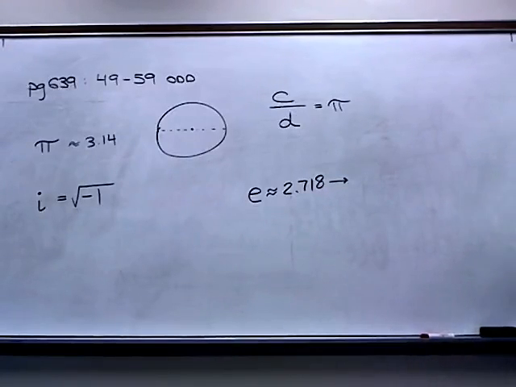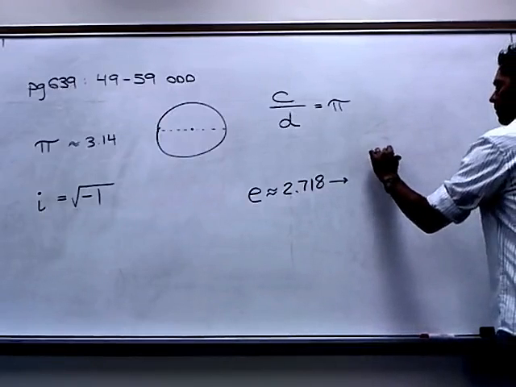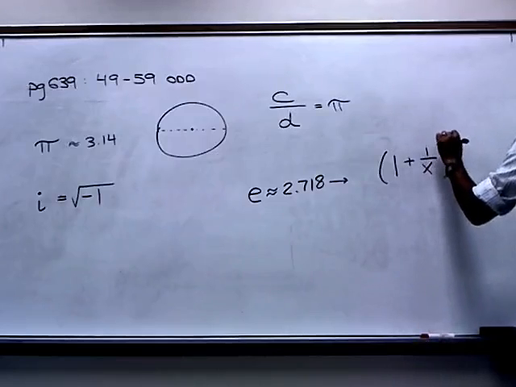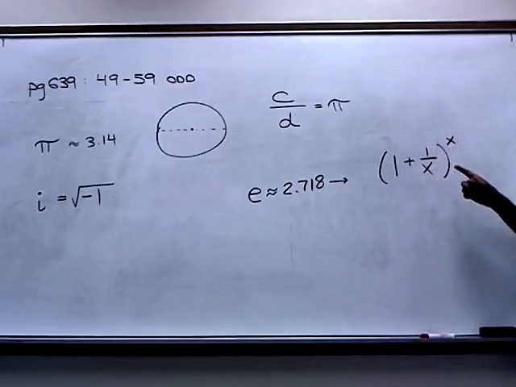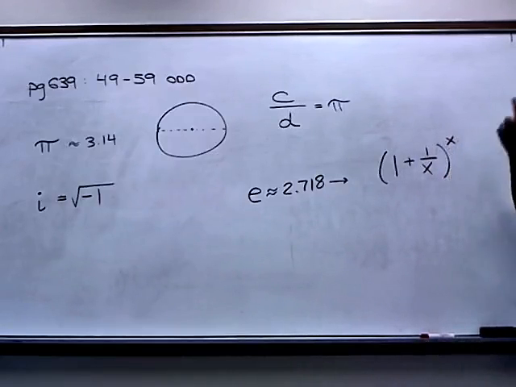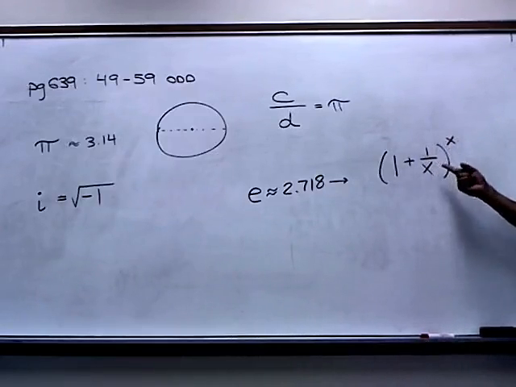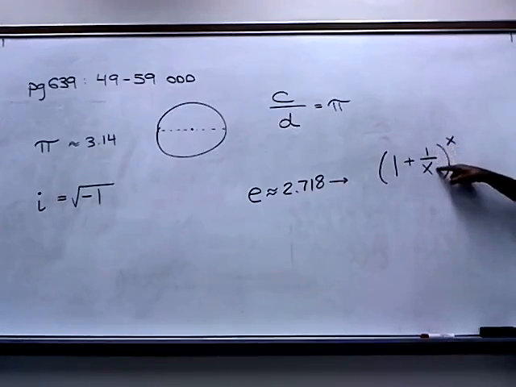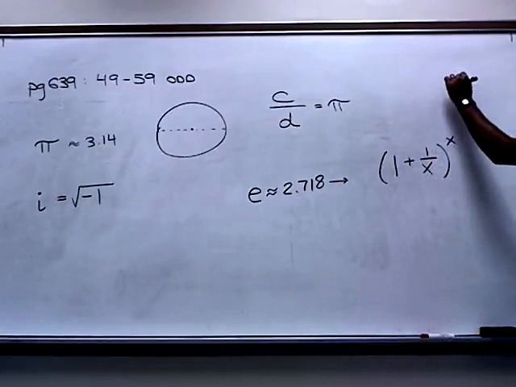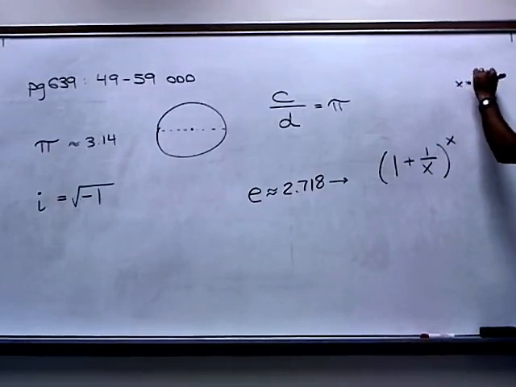But what it is, if you take this on a calculator and plug in 1, you get 1 over 1, right? 2 raised to what power? To the 1, so you get 2. So if I plug x equals 1 into that, it would spit out 2.